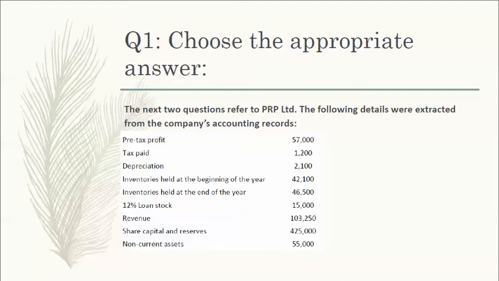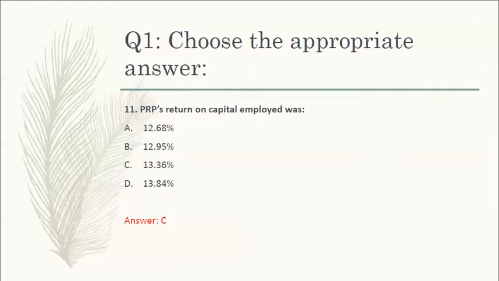In the question, he gave the following data: first, pre-tax profit; second, tax paid; third, depreciation; inventories held at the beginning and at the end; 20% loan stock; revenue; share capital and reserves; non-current assets; and the value of each item. So we need to now check the next slide to get the question.